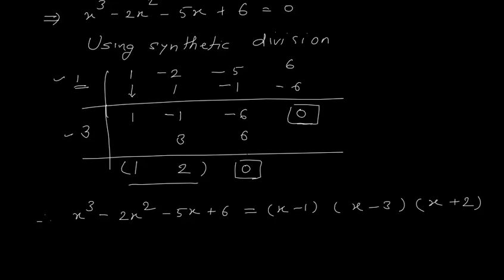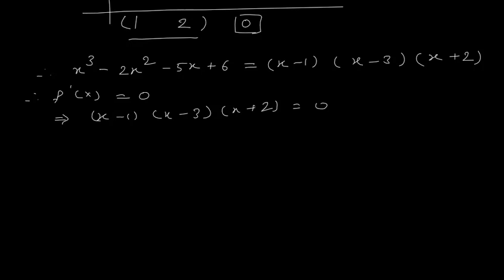So therefore f dash x equal to 0 will give you x minus 1 into x minus 3 into x plus 2 equals 0. So from this we will obtain critical points. Now here what we will get? We will get x equals 1 or x equals 3 or x equals minus 2. So these are called critical points.